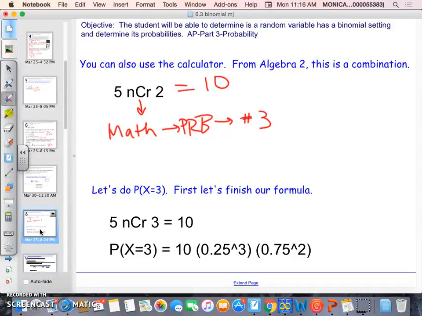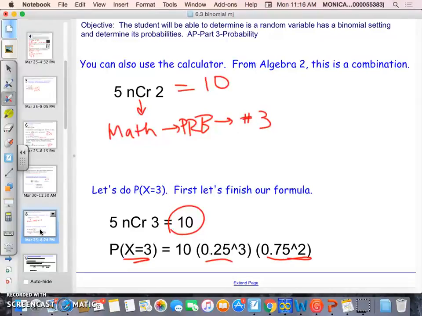All right. So if you want to do 5 choose 3, you can do the same thing. Type in 5, math, scroll over to probability, go down to nCr, 3, hit enter, and again you get 10 possible outcomes. And then you would raise the percent of success to the number in question, and then failure would be the other 2.